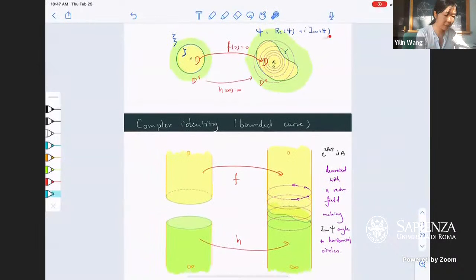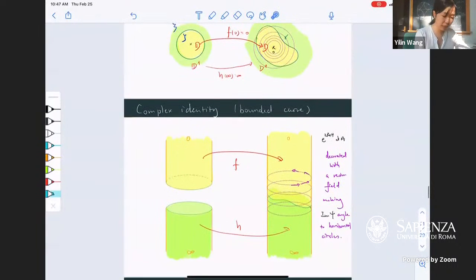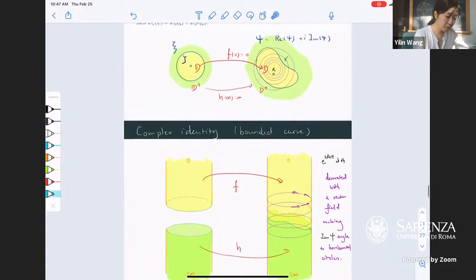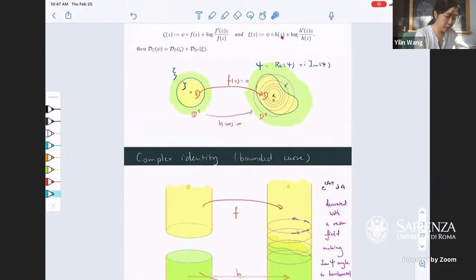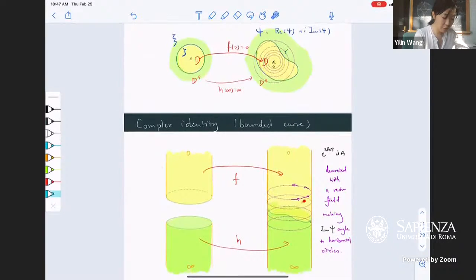And what the zero complex field would mean is that this is a cylinder equipped with the usual Euclidean metric, that's dz, so the Euclidean area measure, but also decorated with a vector field, which goes along those purple lines. This is the 0 vector field.